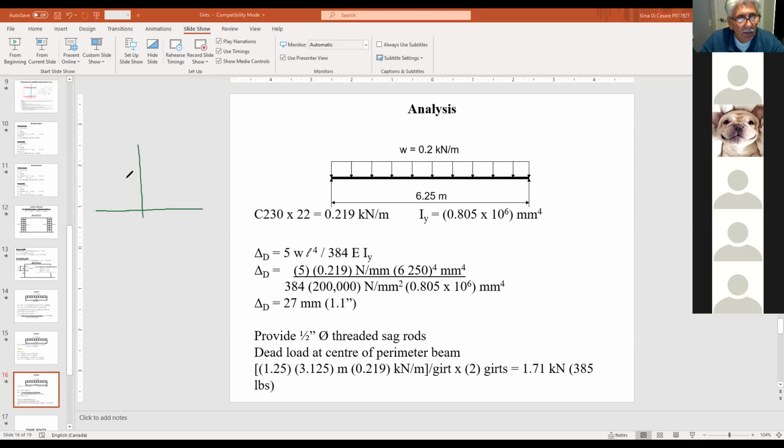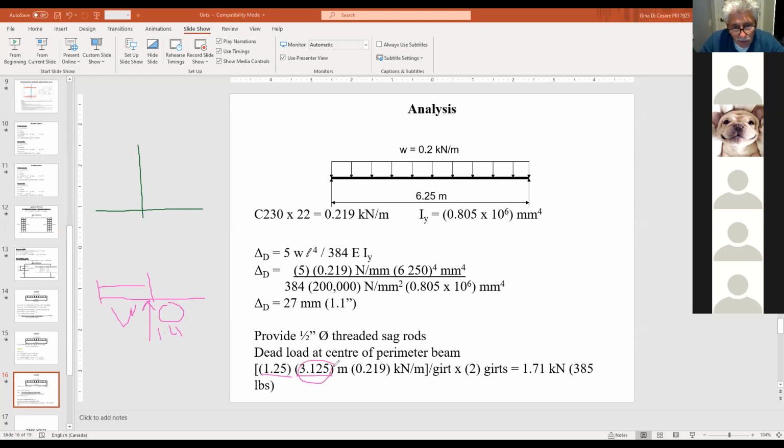Just like the formula I gave you when you have a continuous beam, the reaction here was that coefficient of 1.25 times the W here. Of course, this is the span here of 3.25 meters, half 6.25, and that's how it ends up. So 1.25 is that coefficient that I showed you once in the lab.